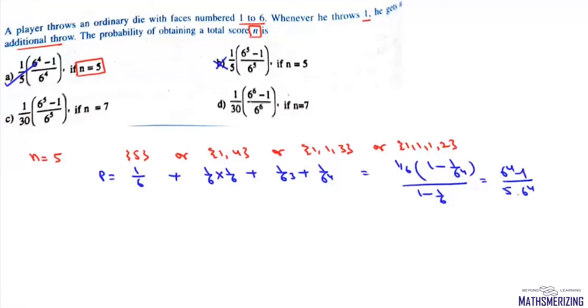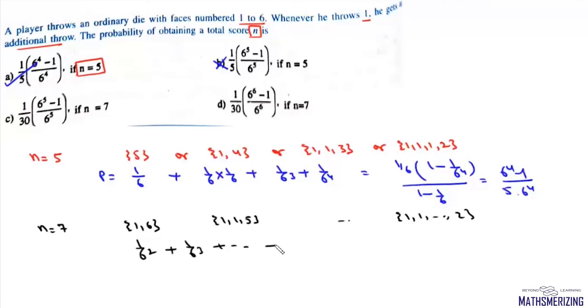Now if the value of n is 7, it will be 1 6, or 1 1 5, or it will be 1 1 1 up to 2. Now here we have 1 upon 6 square, 1 upon 6 cube, up to 1 upon 6 to the power 6.